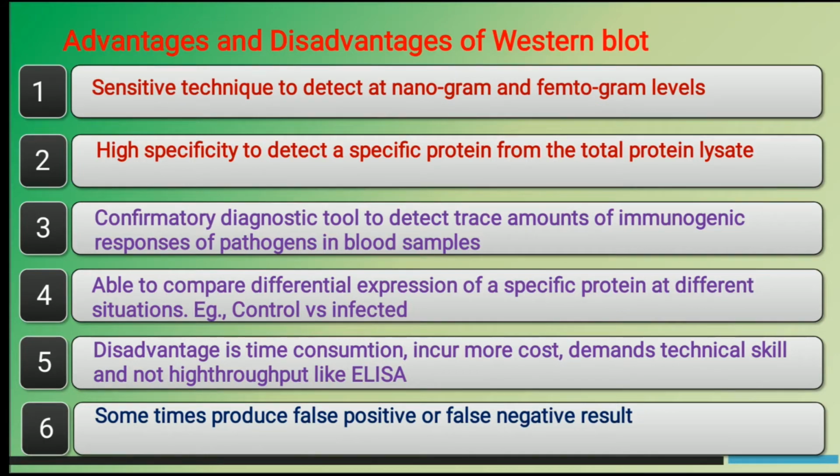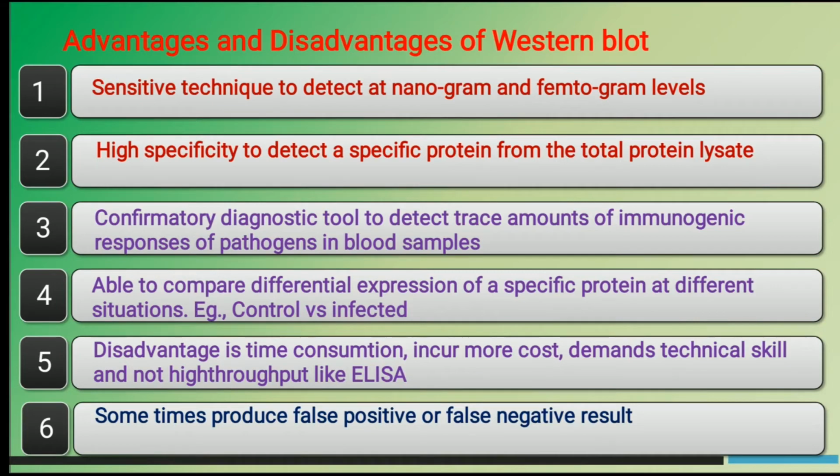So it is highly useful to detect virus infections such as HIV. We can also compare differential expression of a specific protein in different situations, for example control versus infected conditions, in research.